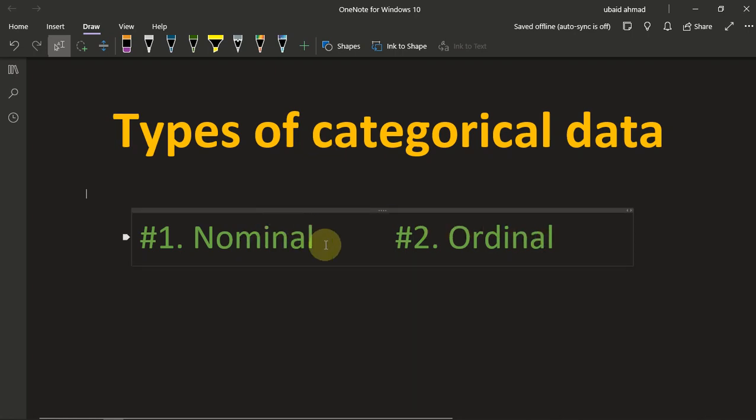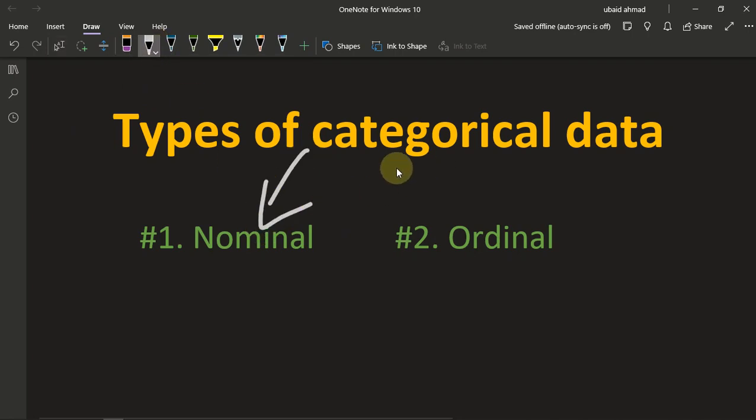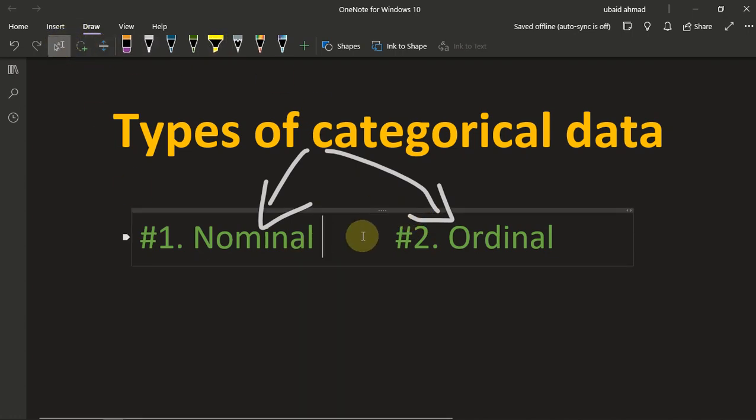So what is meant by nominal and what is meant by ordinal? It is pretty straightforward. Let me just write the differences or characteristics of both.